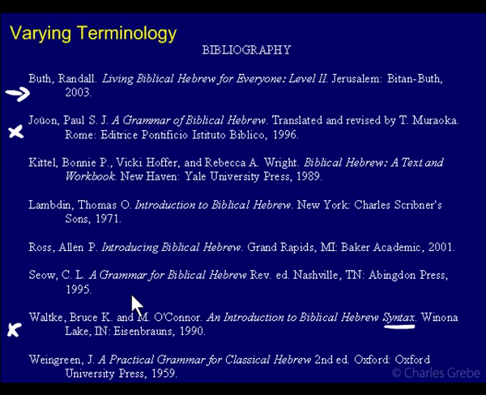This is for a first-year grammar textbook. It's a little more detailed than most, so he'll give a little bit more of a nuanced explanation for things. It makes a nice, almost like a first-year reference book. And Weingreen. Weingreen is a classic, been around for a long time, a bit dated now, but I put it in here because, well, I have it on my shelf, and a lot of people have used Weingreen.